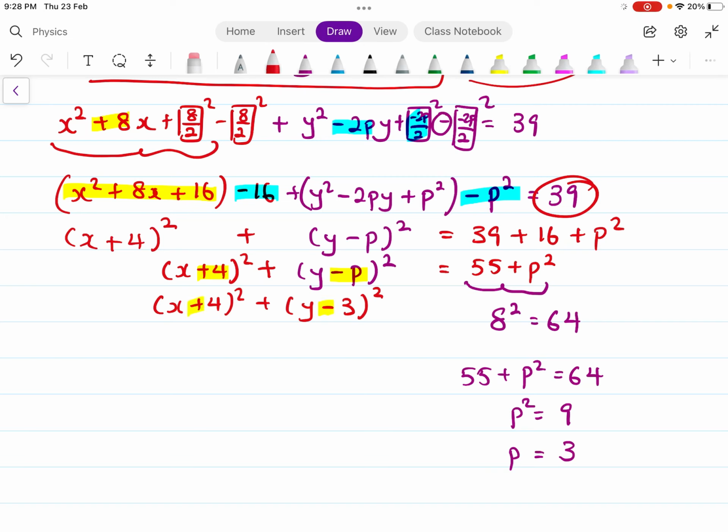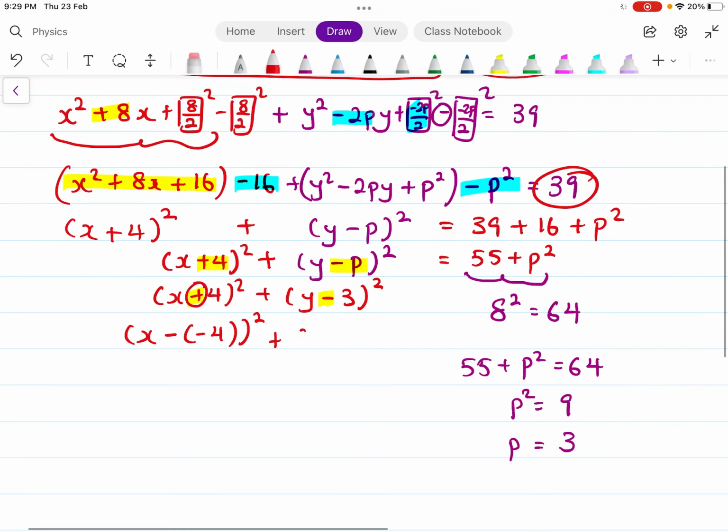If it is not minus, you can put it like this: (x minus negative 4) squared plus (y minus 3) squared. This gives you the center of the circle. So the center of the circle is negative 4, comma, positive 3. That's it.